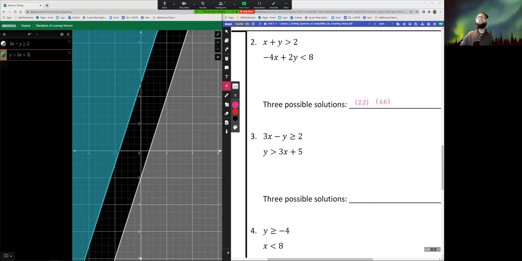And what I have is a pair of parallel lines. These things will not cross at all. They won't ever cross. We don't have any area where our shading is overlapping. So since that's the case, this is going to be no solution.